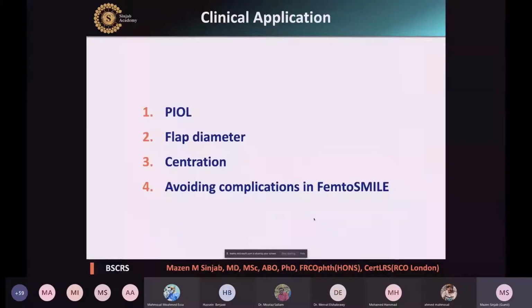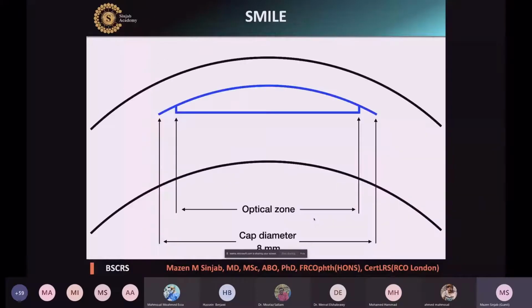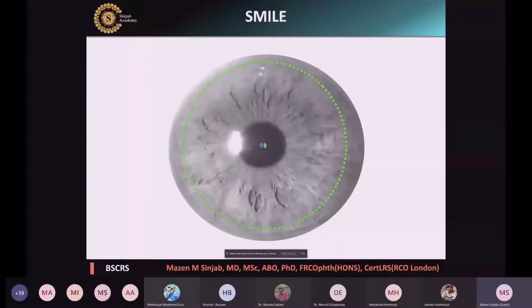This is the cut in femto-SMILE. If the angle kappa is not significant, then the whole cut will be within the cornea. But if the angle kappa is relatively high, then we are going to be near the limbus.